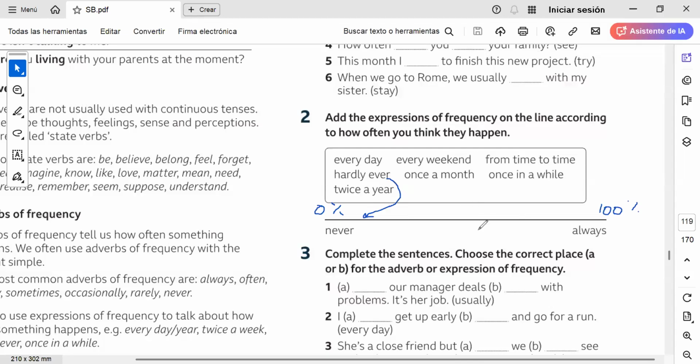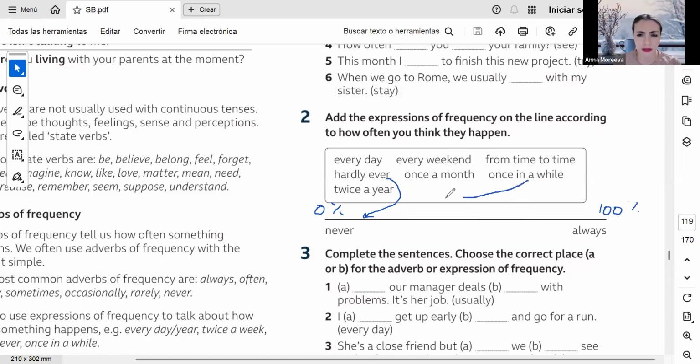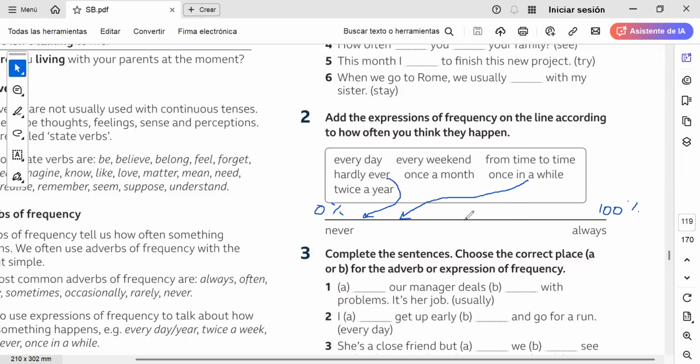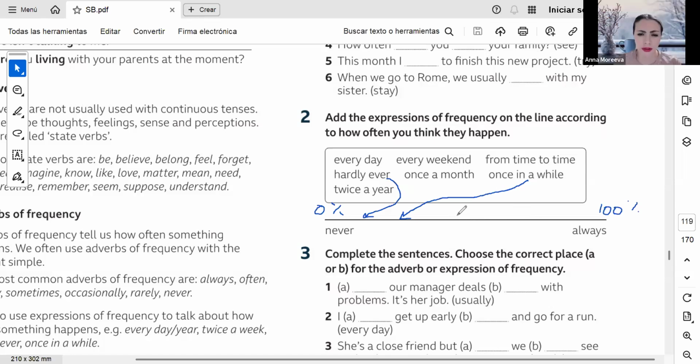After that, twice a year, once in a while, once a month. Maybe something else, maybe from time to time. Yeah, from time to time, or maybe once a month.